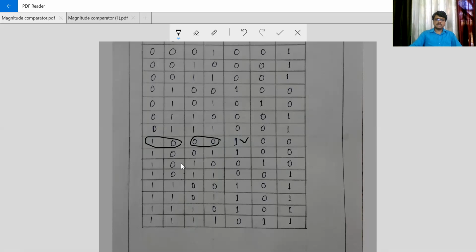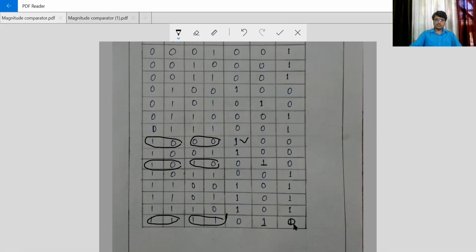And likewise for this one, 1 0 and 1 0, both are equal, so this will be 1 and all others will be 0. Again here it is 1 1 and 1 1, so both are equal, so this will be 1.